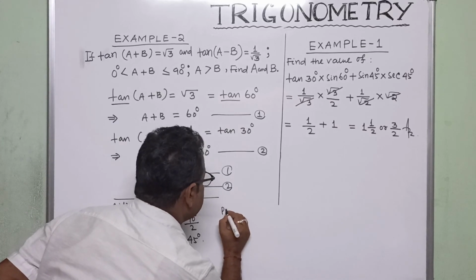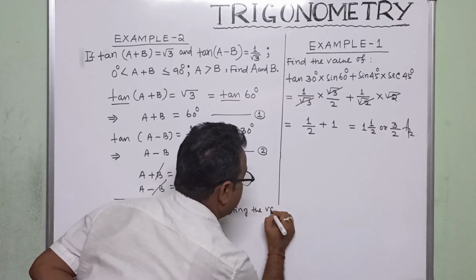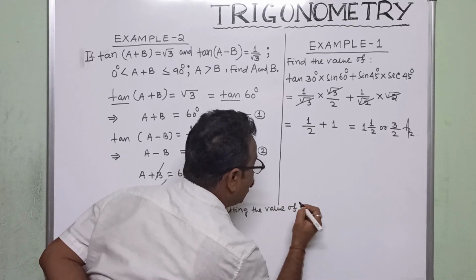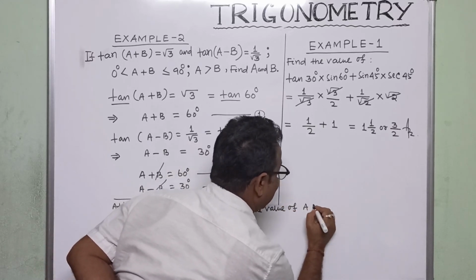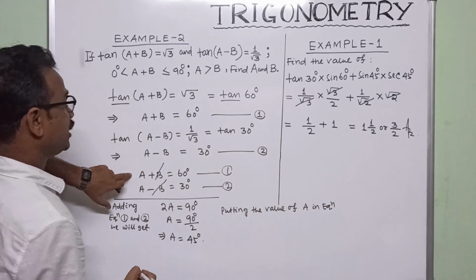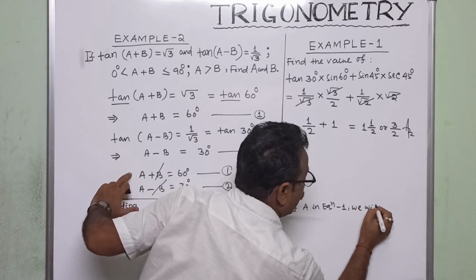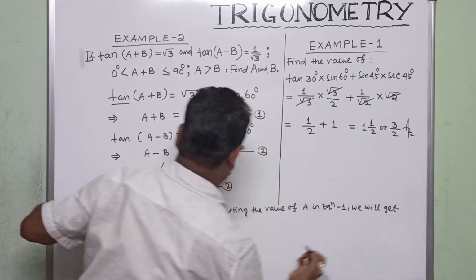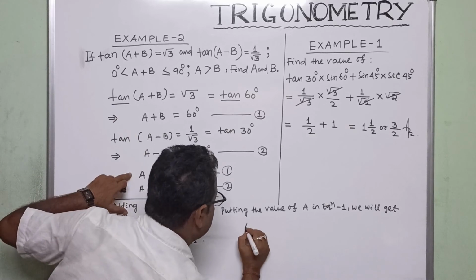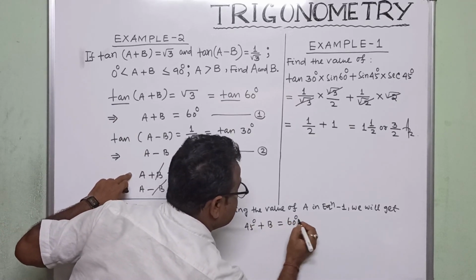So putting the value of a in equation 1, we will get, what will we get? A 45 degree plus b is equal to 60 degree.